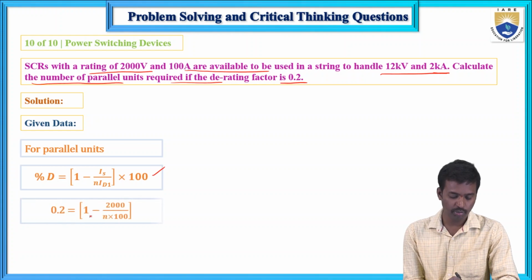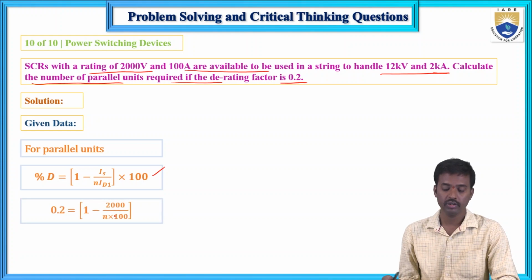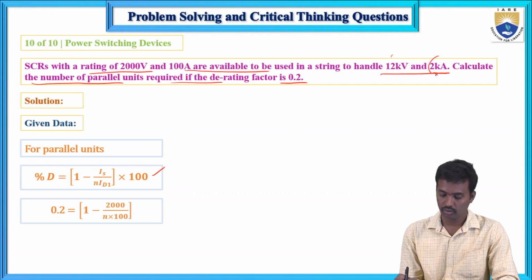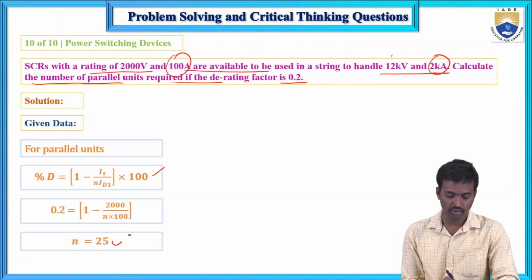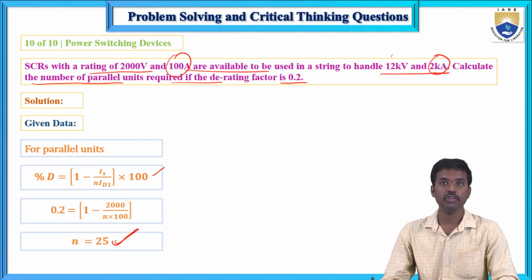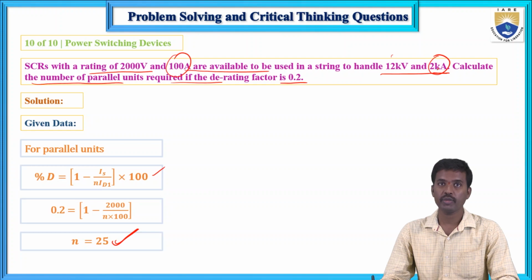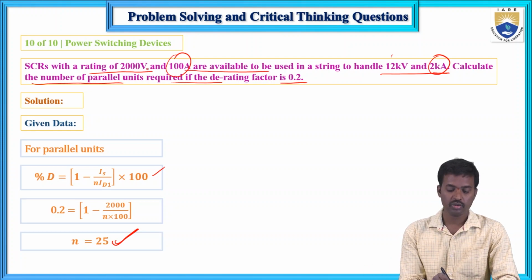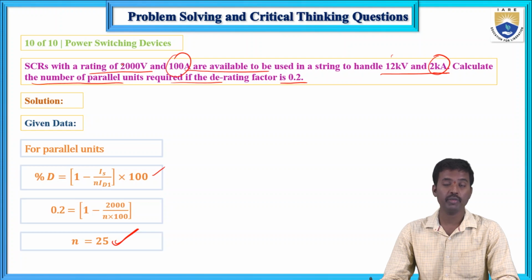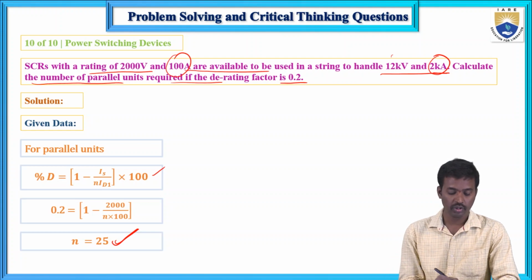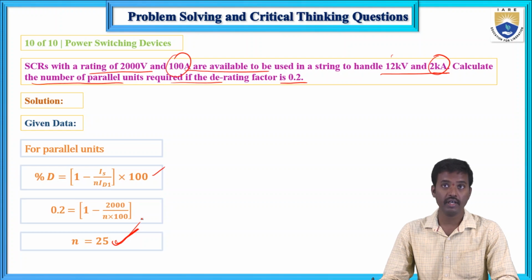So 0.2 equals 1 minus 2000 divided by N into 100. This value equals 25. So 25 parallel SCRs, 100 ampere SCRs, are required to handle 2000 amperes.